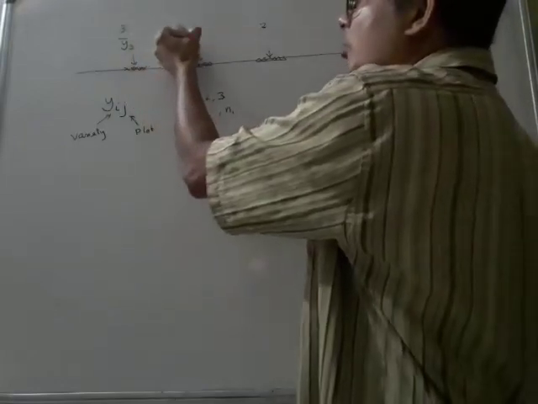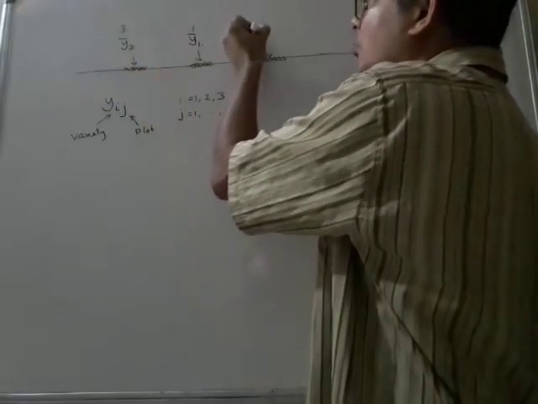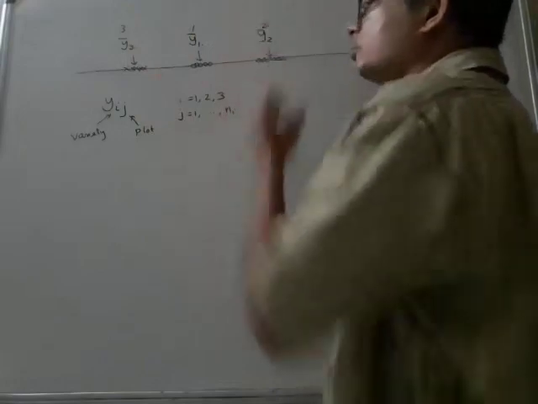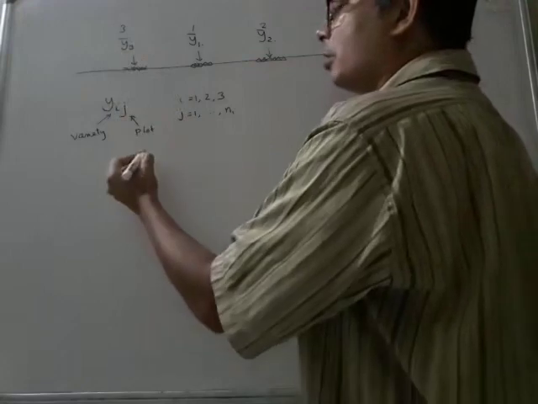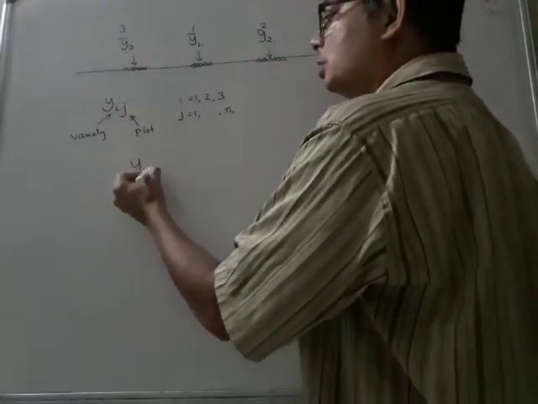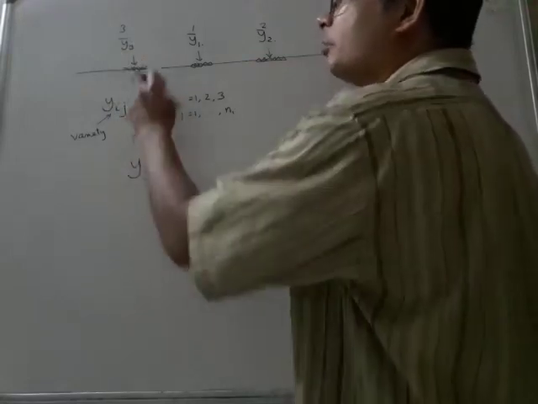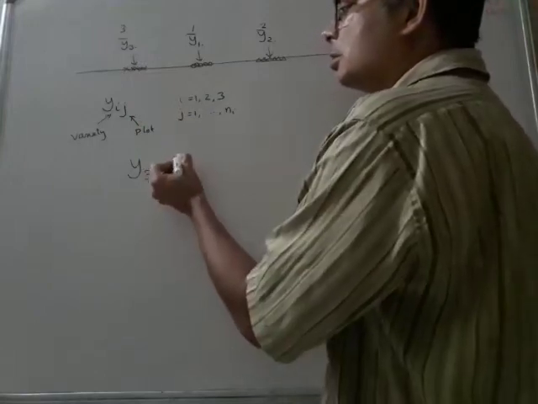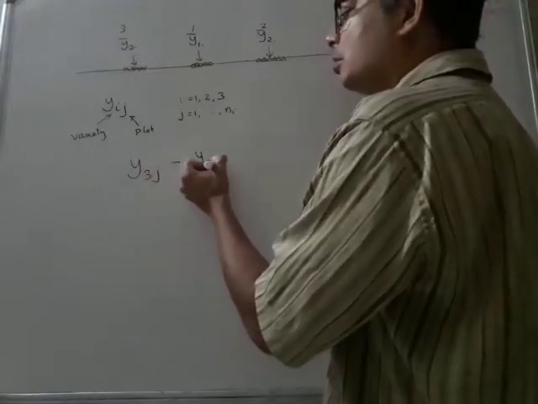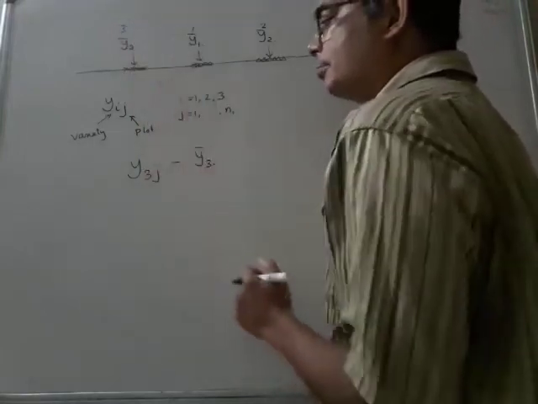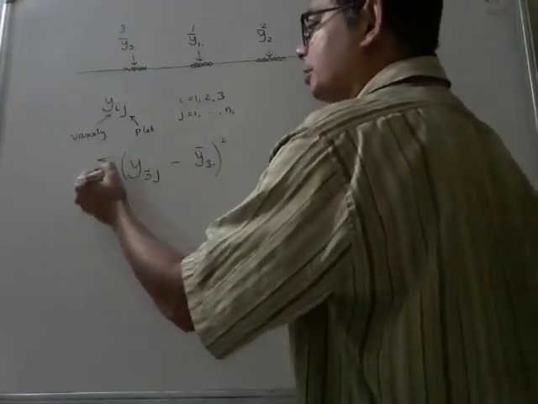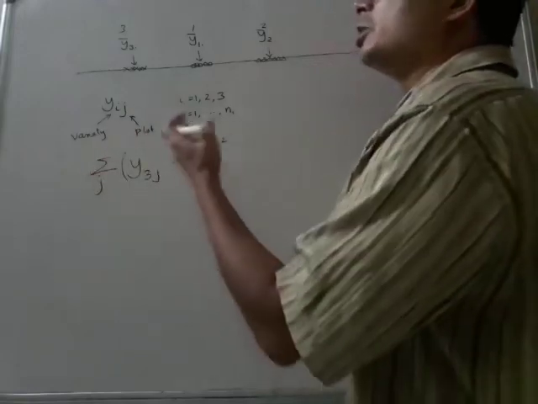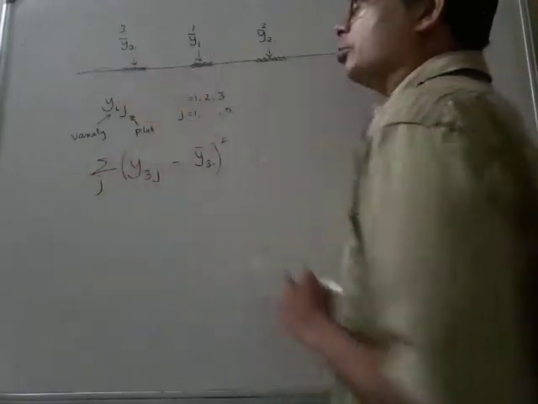So this will be y1 dot bar and y2 dot bar. To measure how tightly clustered these are, I will take the y3j's, all the points here, find their difference from their center, then square and add. So it is basically computing the variance of this group alone.